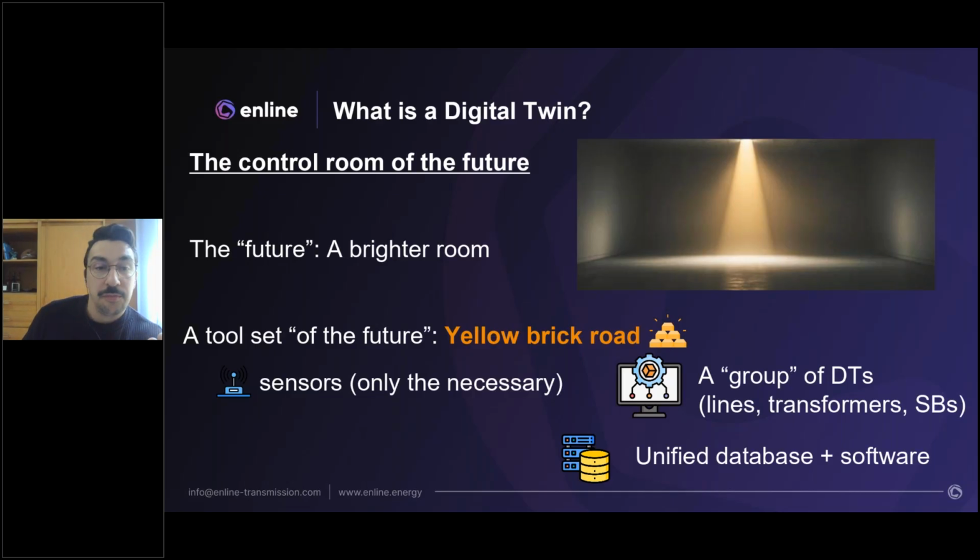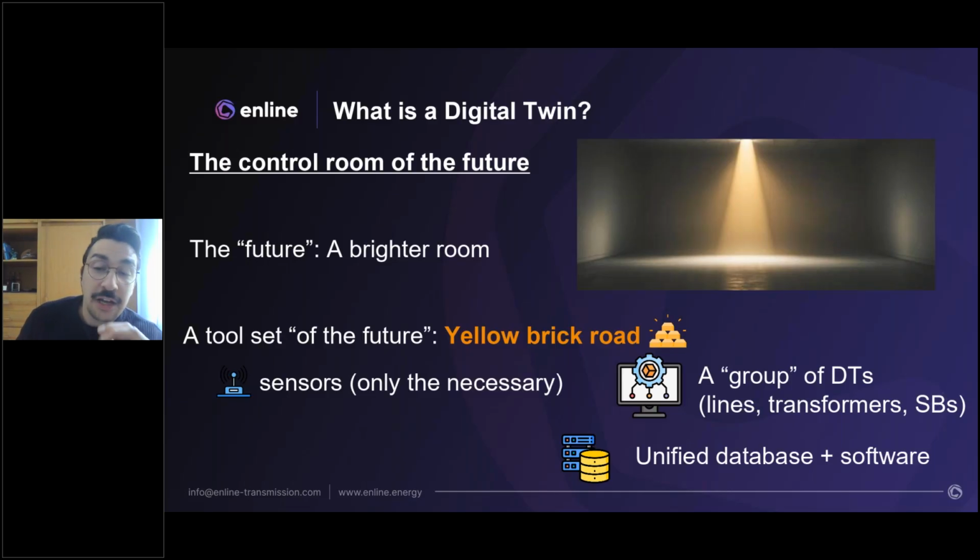For these power systems to behave as this brighter room that I just described, we would rely on only the necessary amount of sensors. I'm not talking about sensoring transmission lines, I'm talking about sensoring in a general, broad scope, but only the necessary, because we don't want to flood the system with extra hardware, increasing even more its costs and also its maintenance. So we will rely on field measurements.